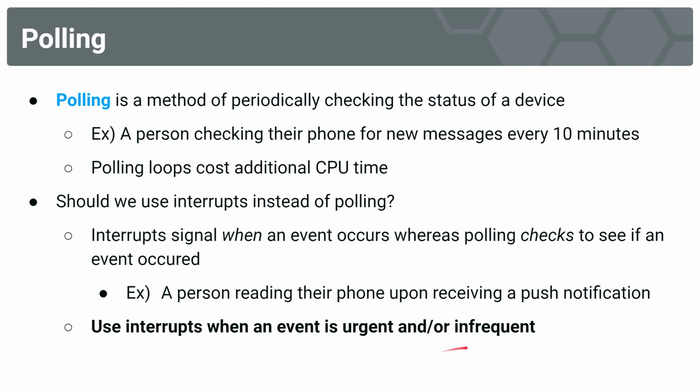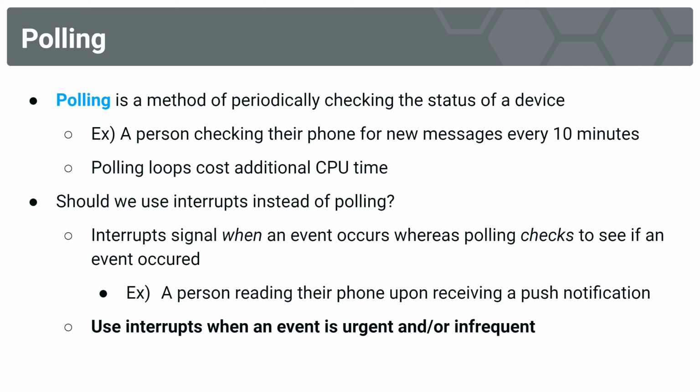You also want to use interrupts when the event is infrequent. And the reasoning behind this is, if you poll very frequently for an event that occurs very frequently, then each poll should be a hit and you're not wasting a lot of CPU time.